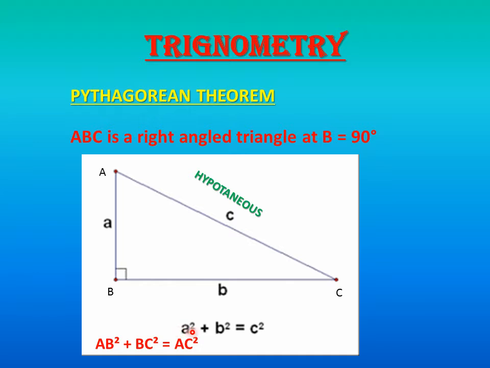So a square plus b square is equal to c square. That means we can also say that side AB square plus BC square is equal to the hypotenuse square, that is AC square. And this will come in handy to prove these trigonometrical identities which we have seen in the previous slides.